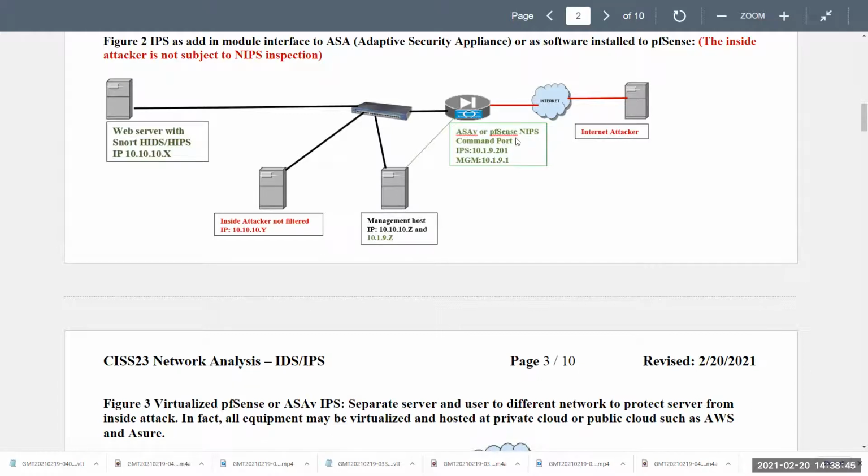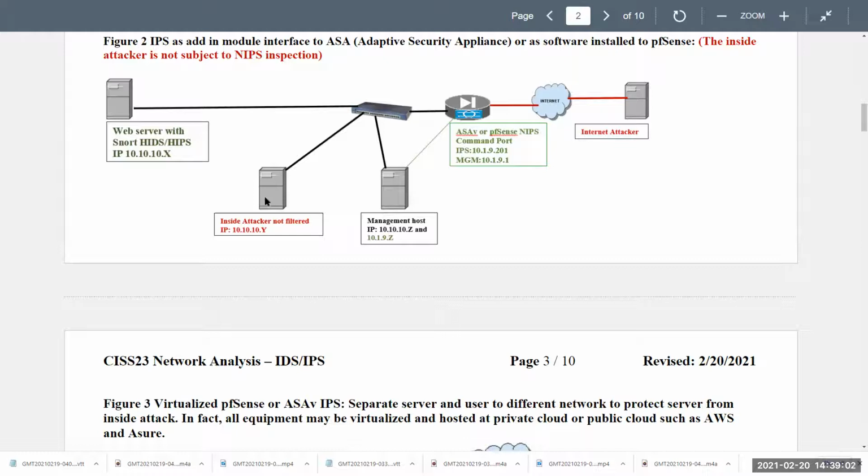So it's not only just a firewall device, but also an intrusion detection box. So in this scenario, the inside attacker, if we use a switch coming here, is no longer going to go through the physical path.